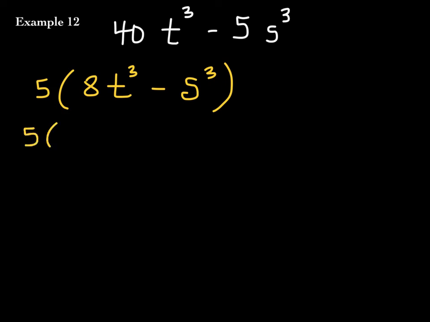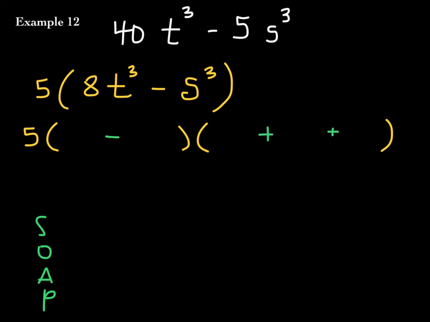So a binomial followed by a trinomial. Remember the acronym SOAP will help us get the correct signs. Now we went over this together. S stands for same sign, opposite sign, and then always positive.